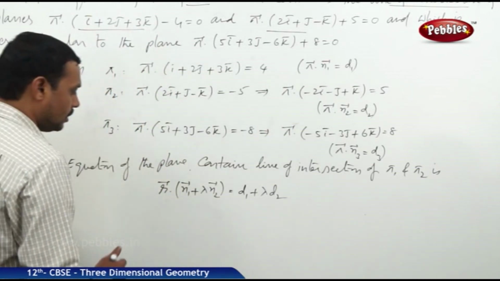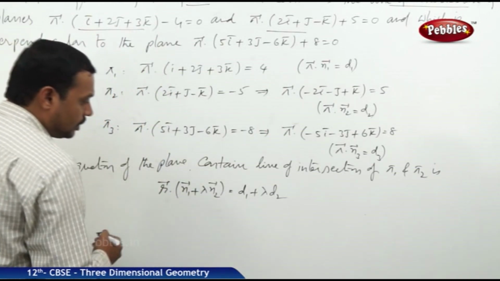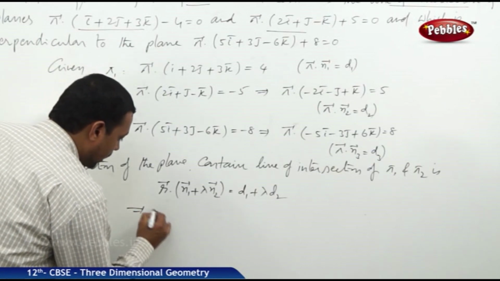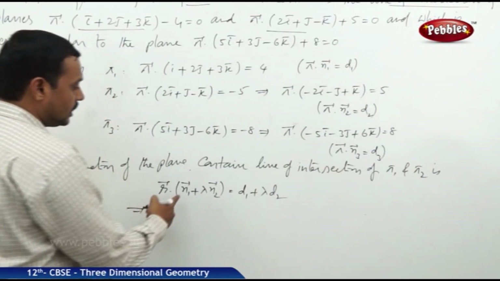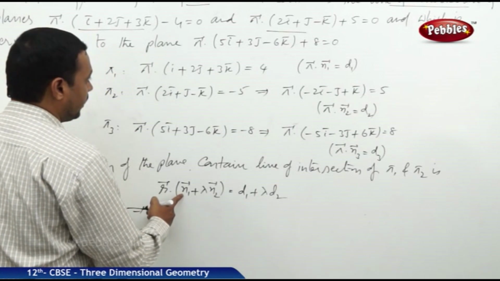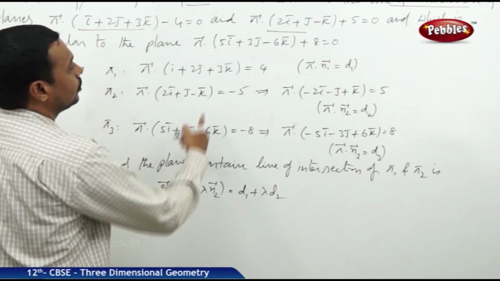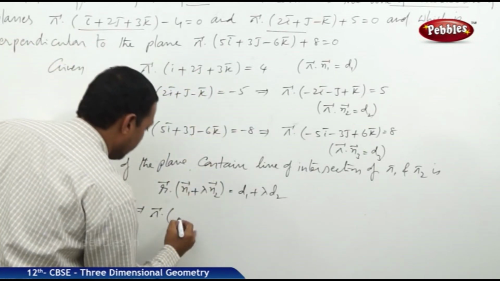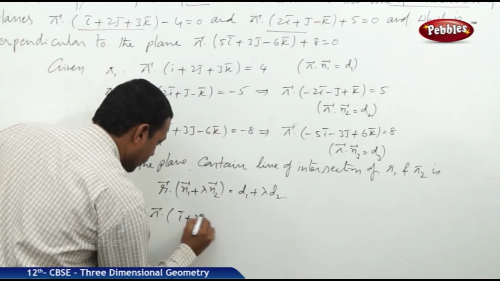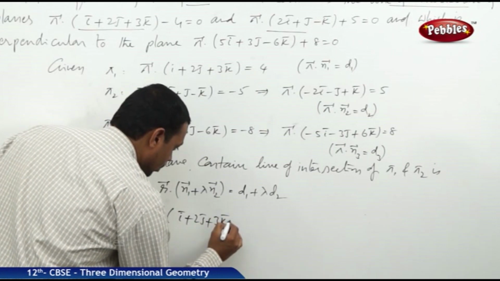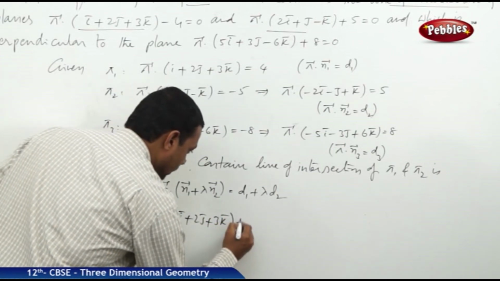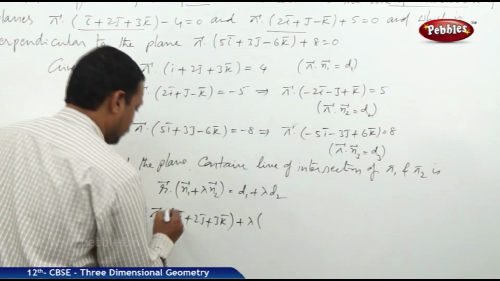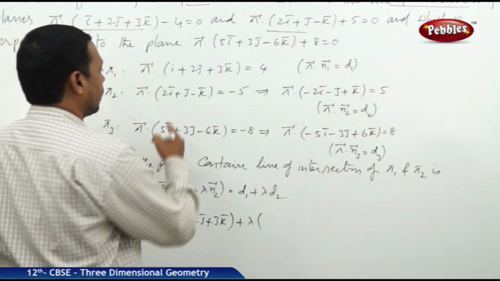Both are the same. And right now here it is r bar dot n1 plus lambda n2, where n1 is equal to, what is the vector n1 here? I plus 2j plus 3k, plus lambda into n2 vector.